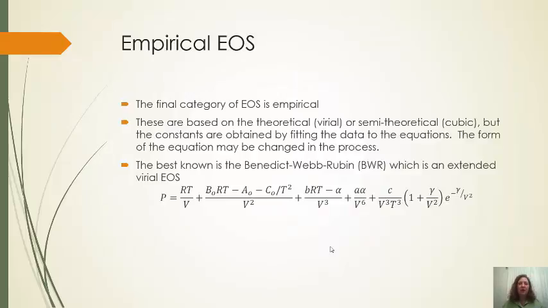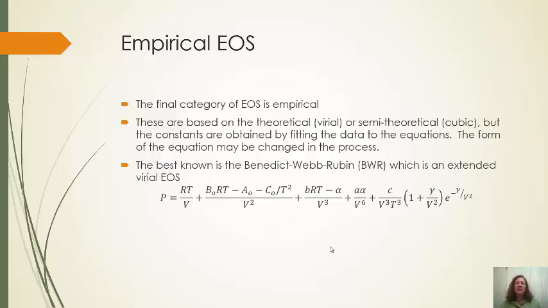Now, very quickly, I want to cover one last thing, empirical equations of state. Empirical equations of state is a huge category, but an empirical equation of state is not theoretical, like the virial, or semi-theoretical, where they take theory but then make it fit data. An empirical equation totally is done by fitting data. Okay?